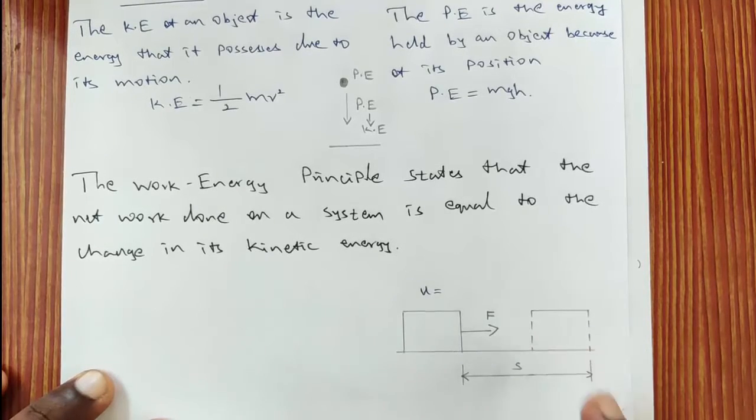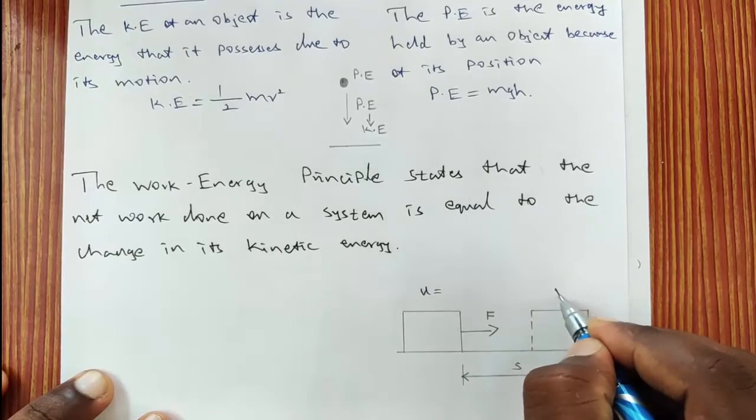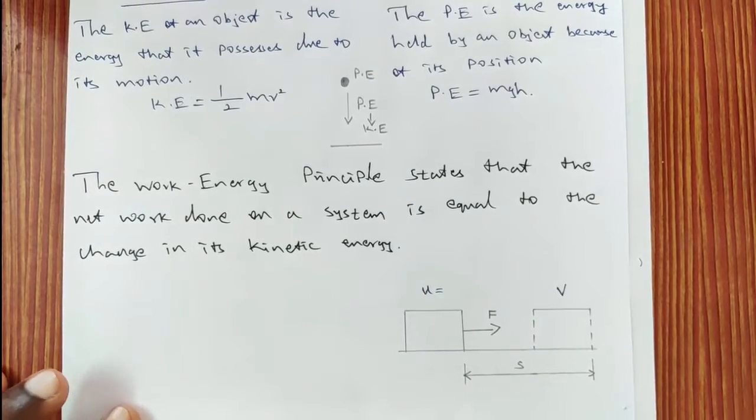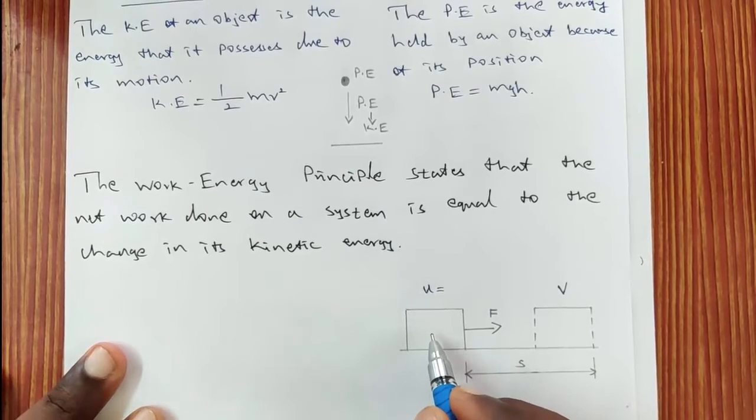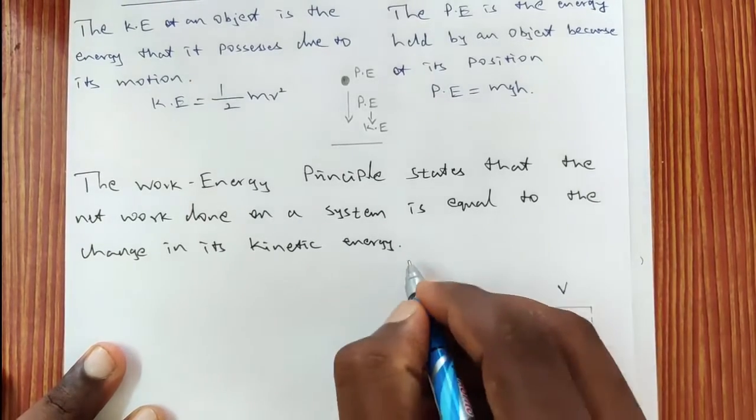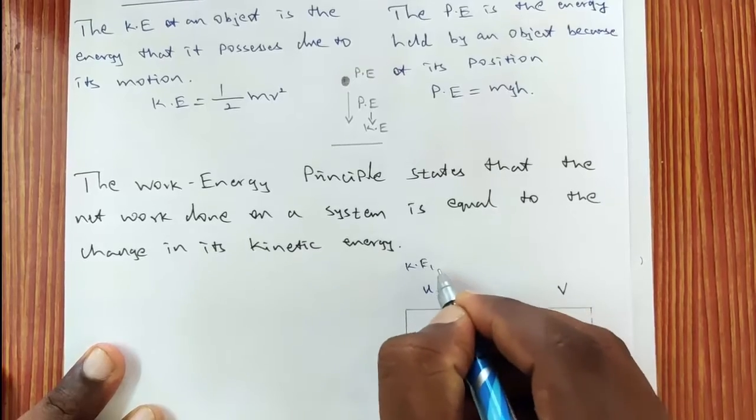When the block is moved to the second position, the block has a velocity of v, that is the final velocity.